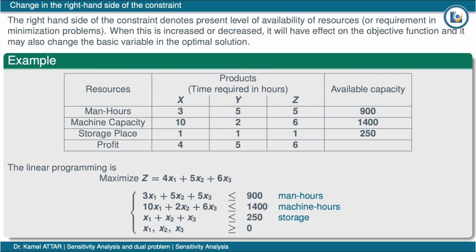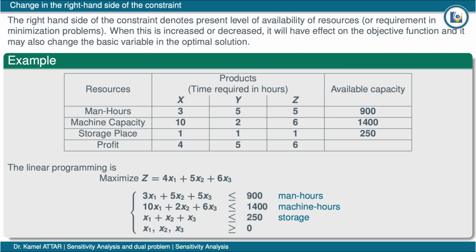In this example, we have a company that manufactures 3 products, X, Y and Z, by using 3 resources. Each unit of product X takes 3 man-hours, 10 hours of machine capacity and 1 cubic meter of storage space. Similarly, 1 unit of product Y takes 5 man-hours, 2 machine hours and 1 cubic meter of storage space.